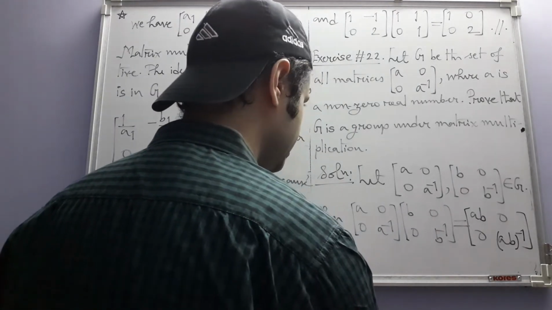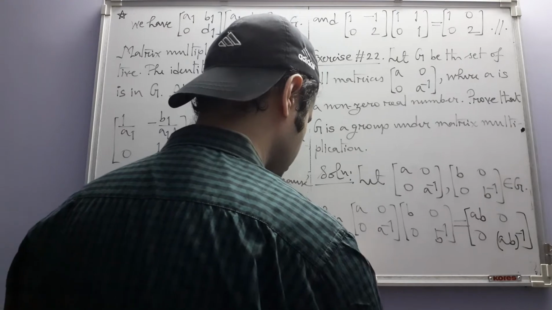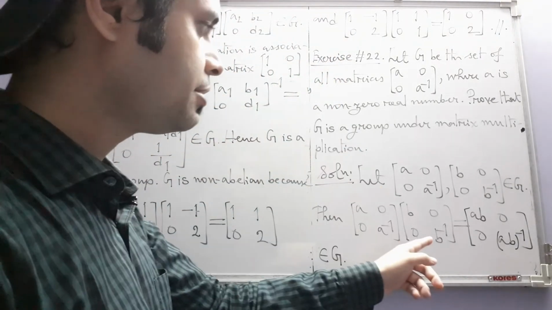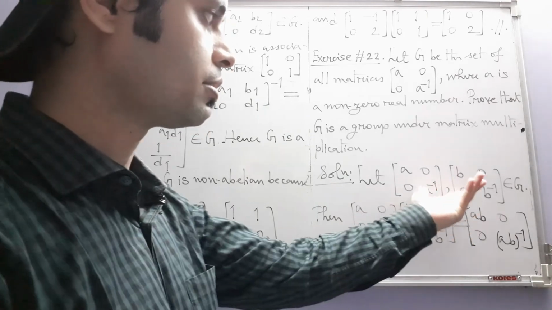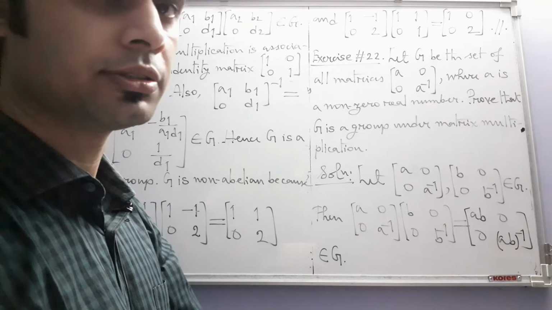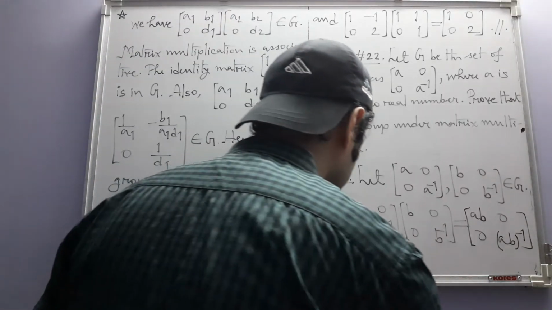So this is again in G. We are not even mentioning that since A and B are non-zero, AB is also non-zero. We are just simply writing this like this.